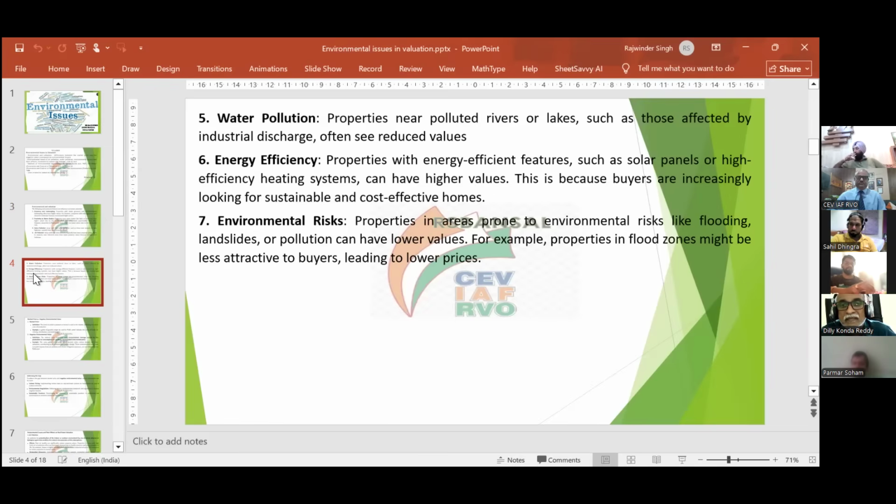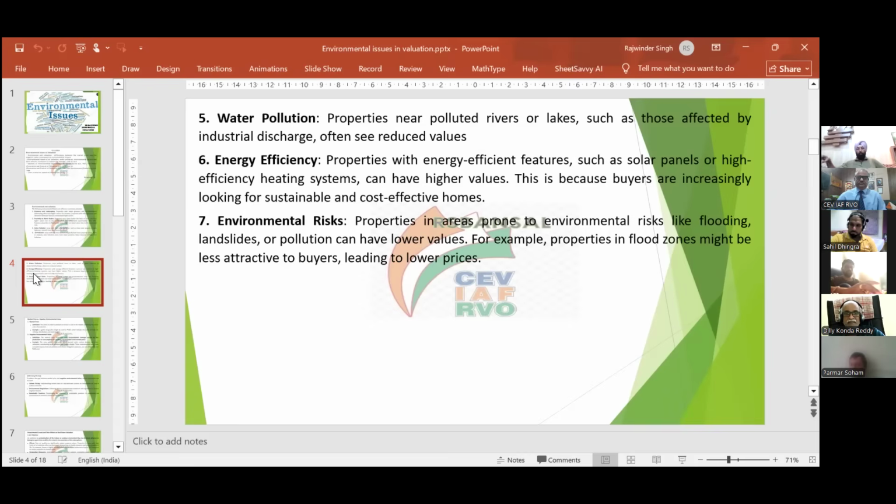Then the energy efficiency. The property with energy efficient features such as solar panels and high efficiency heating systems, etc., can have higher value because of increasingly sustainable and cost-effective homes.